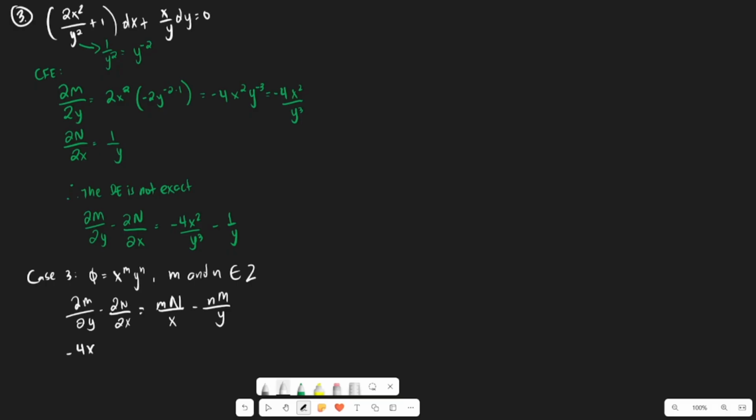We have negative 4x squared over y cubed minus 1 over y is equal to small m times big N. We know big N to be x over y, over x, minus small n times big M. We know that to be this part right here.